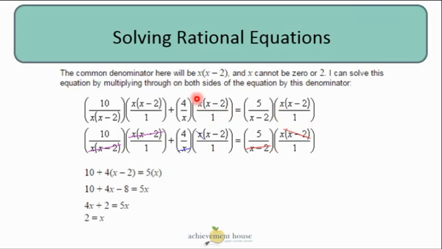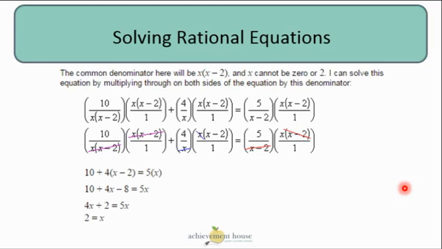By doing that, pretty much I'm multiplying both sides of the equation by the same number, which is x times x minus 2 over 1. If I do that, I'm not changing the problem at all. Whatever I do to the left side, as long as I do it to the right side, it's okay.